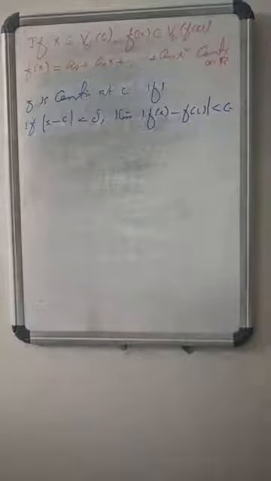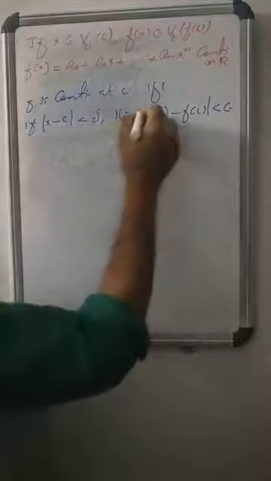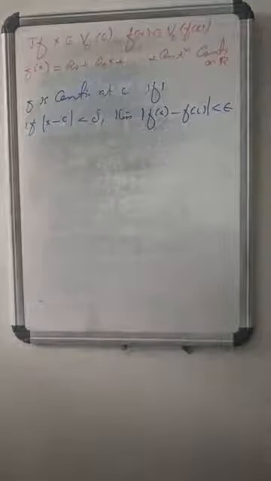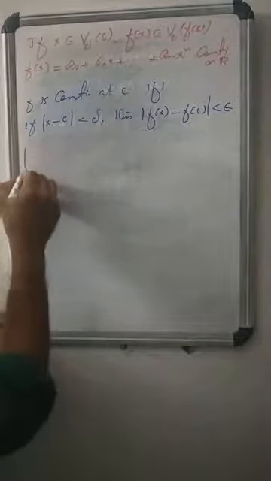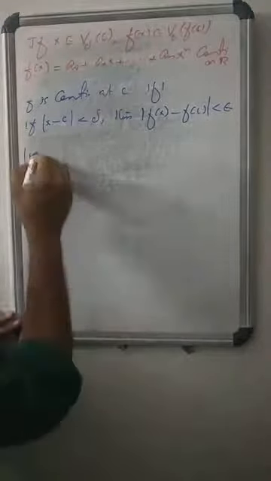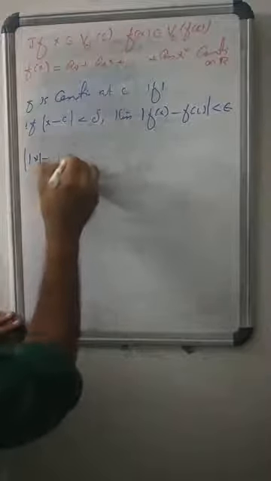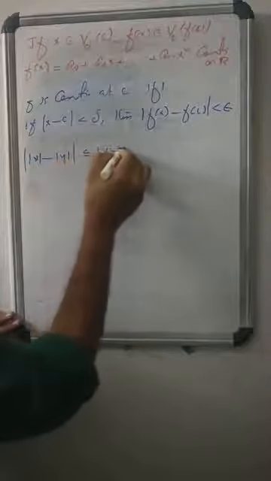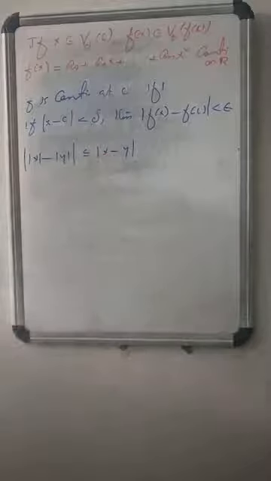Agree? But we know that. What about |  |x| − |y|  |? The modulus of |a| − |b| is less than or equal to |a−b|. Sure?